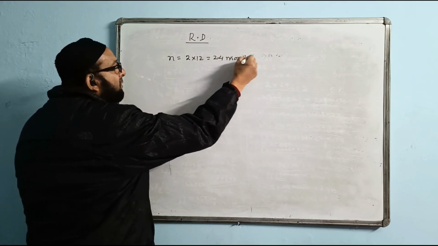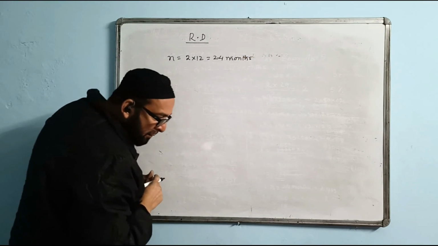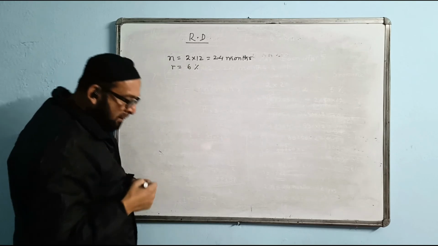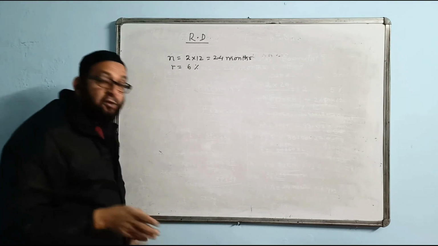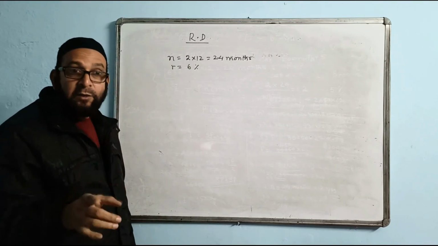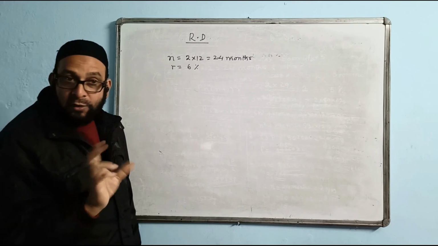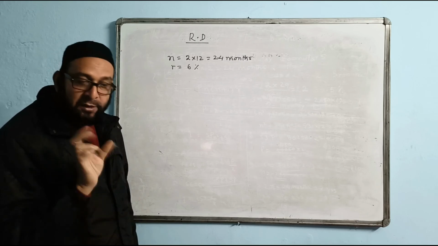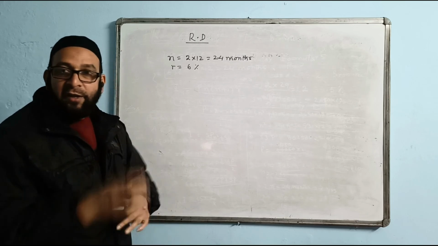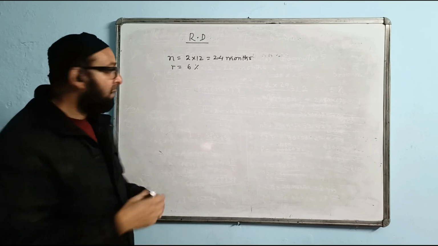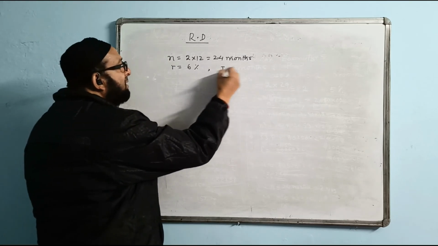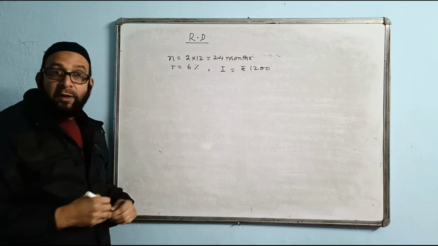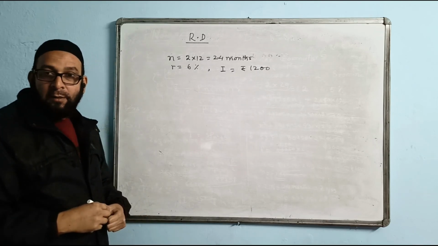Rate is 6%. And in the question, he gets rupees 1200 as interest, only interest, not the maturity value. That means I is given, interest is given, rupees 1200. Only I is given, not A.